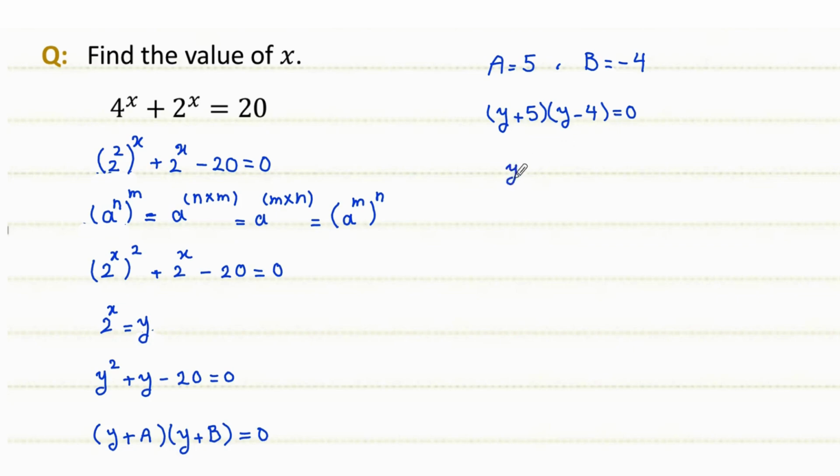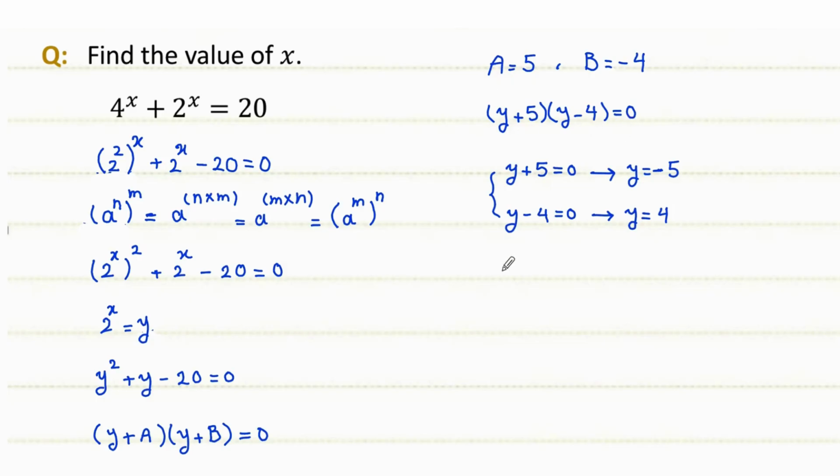So we need to set each of these equations to 0. y plus 5 equals 0 and y minus 4 is 0. So from the first equation, we get y as minus 5. And from the second equation, y has to be 4 to get 0 for this equation.